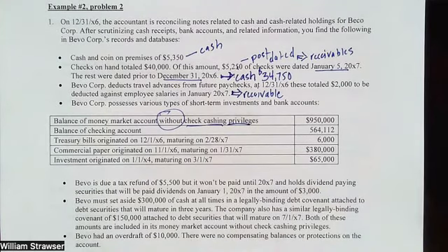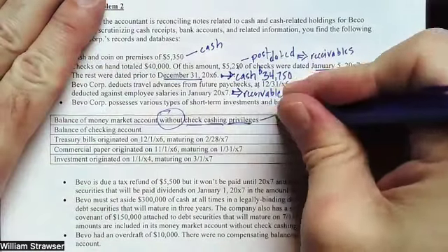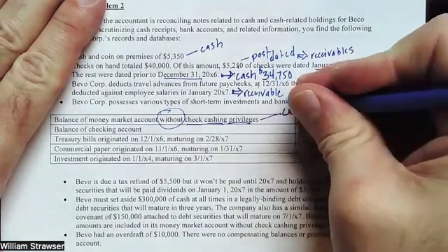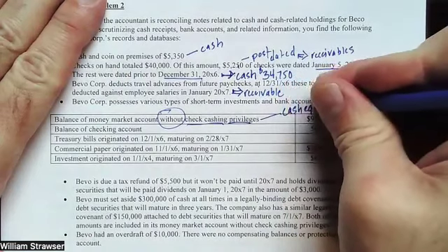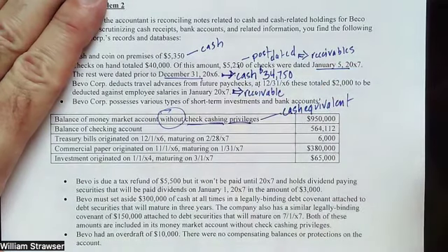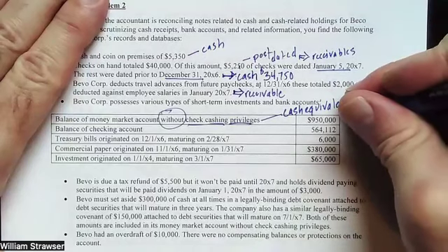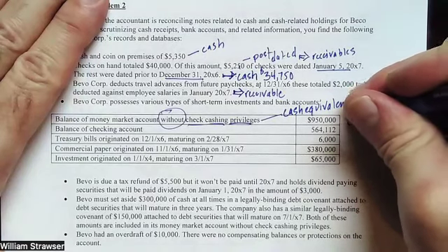If they don't have check cashing privileges, they're not quite as liquid. And without check cashing privileges, this is a cash equivalent. If we can write checks out of our money market account, then it would be cash. Just adding that as a note.